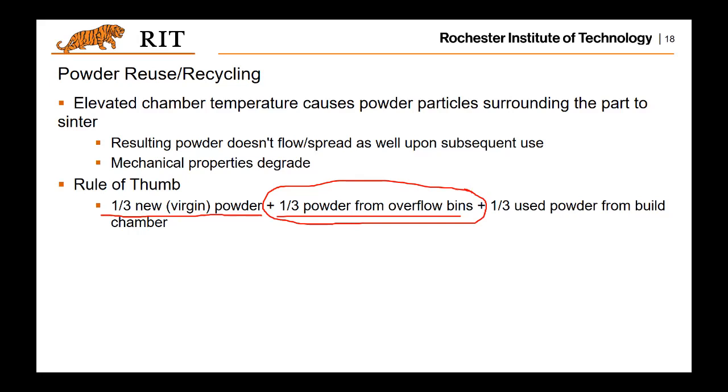So take 1/3 of the used powder from the build chamber and combine the three parts of the powder as the one you use. That will be a good balance for both recycling the powder and also making sure the mechanical property of the thermoplastic powder does not degrade too much, right?